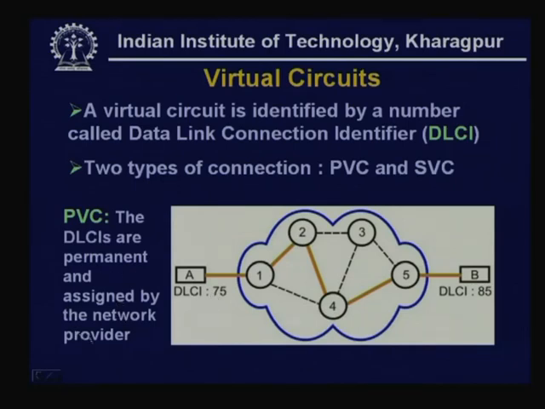So the network provider provides these DLCIs, and as you can see, there is a permanent virtual circuit created from station A to station B, or DTE A to DTE B, and in this particular link from A to node 1, the DLCI is 75, and in this link the DLCI is 85. These numbers will be different for different links, and we shall see how this changes later.